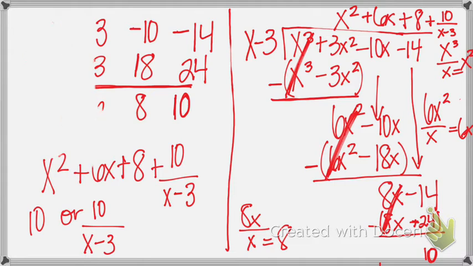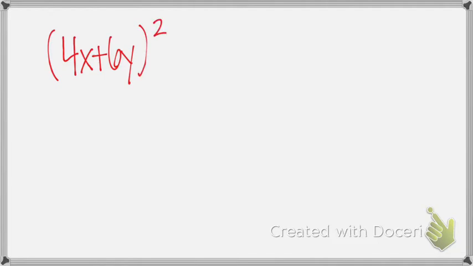All right, number 4 and number 5 are a little challenging. Okay? So, bear with me. 4x plus 6y squared. Okay? It wants to know something that is equivalent. What's the word equivalent mean? Equal, right?